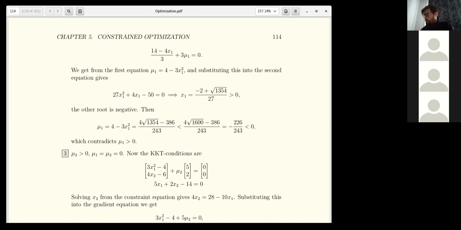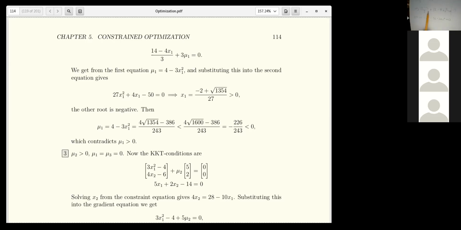And now I'm going to rewrite this by multiplying by 3, so this becomes 14 minus 4x1 plus 36 minus 3 times 9, that's 27x1 squared, is equal to 0.